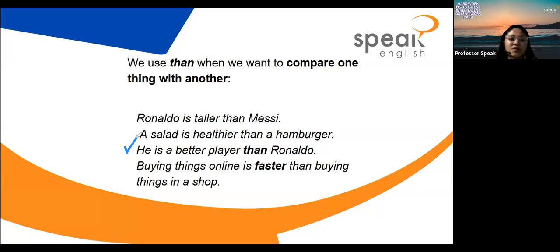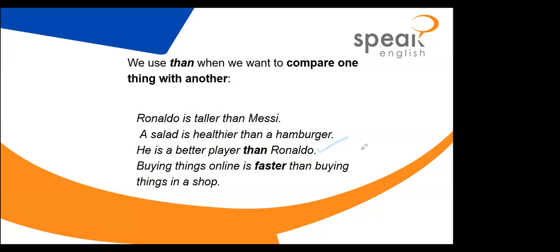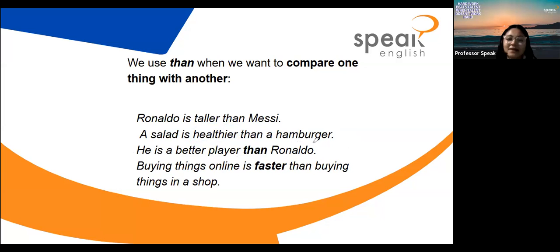Help me with this one, please, Olga. He is a better player than Ronaldo. Okay, he is a better player than Ronaldo. Again, we have the word "than" in here because we are comparing, right? And the adjective "better". So this one is irregular. We're going to check that.